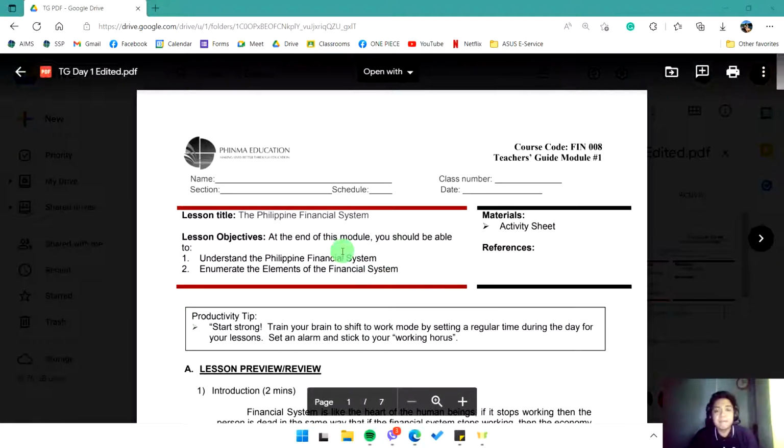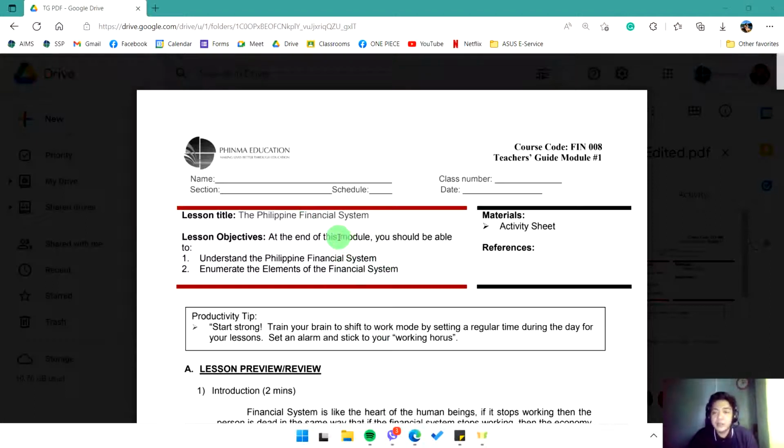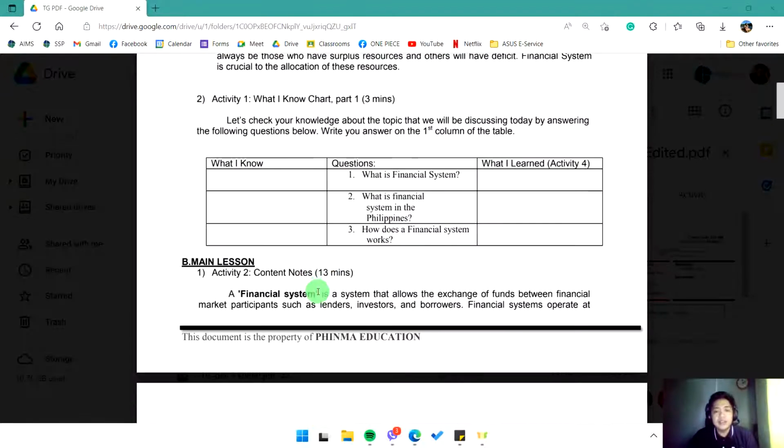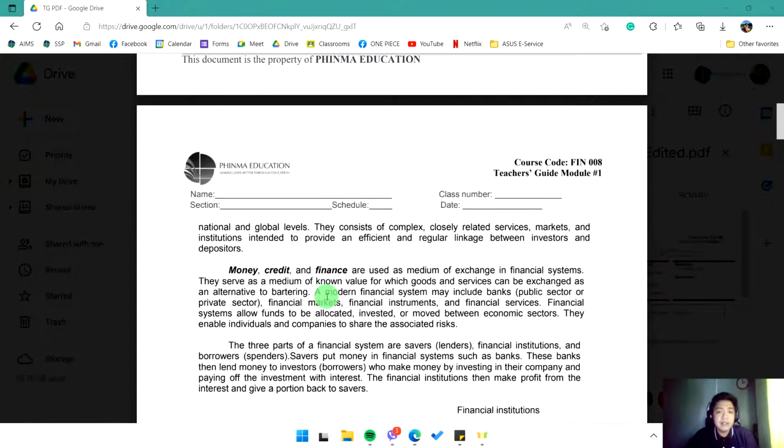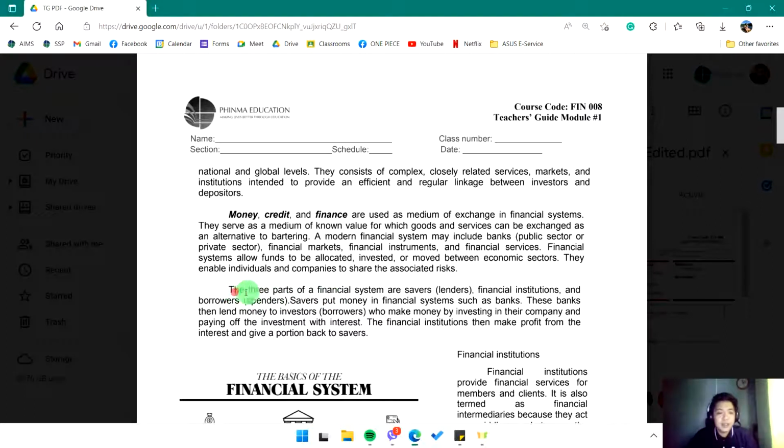Okay, so let's begin. The first topic that we're going to discuss is the financial system of the Philippines. During our first meeting, we already quite discussed the financial system of the Philippines. If you remember, we said we have the three parts of a financial system, which are the savers, the financial institutions, and borrowers.